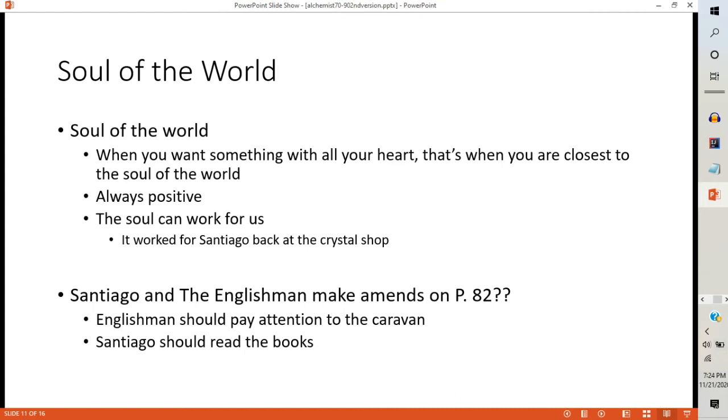When you know your personal legend, the universe conspires to help you achieve it. Kind of similar to the soul of the world concept. Right? Really similar. And it's almost like that's what brought the crystal merchant all that success back at his shop with Santiago at the helm.